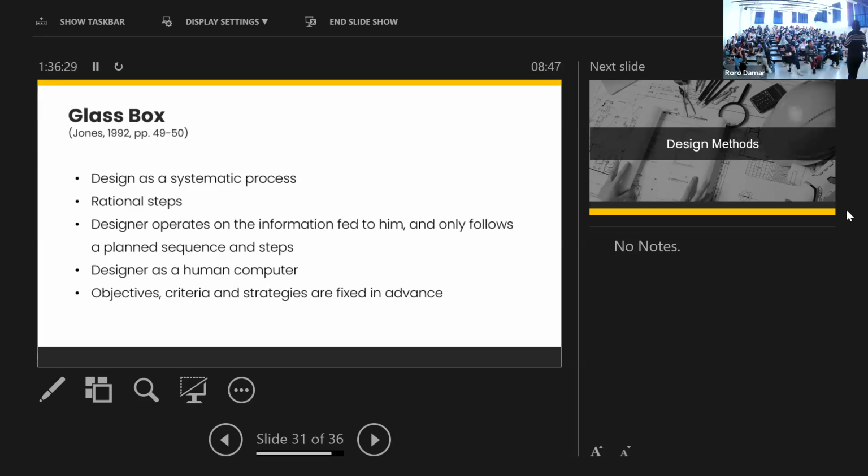Which one are you leaning toward, the glass box or the black box, usually in design? Who does black box? Nobody. Who does glass box? Nobody. Come on. Now think of your design process, or how you come into the creative process.